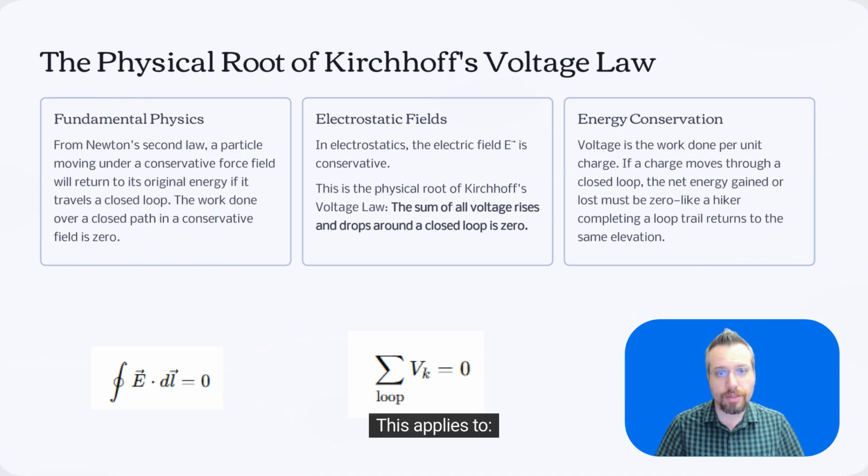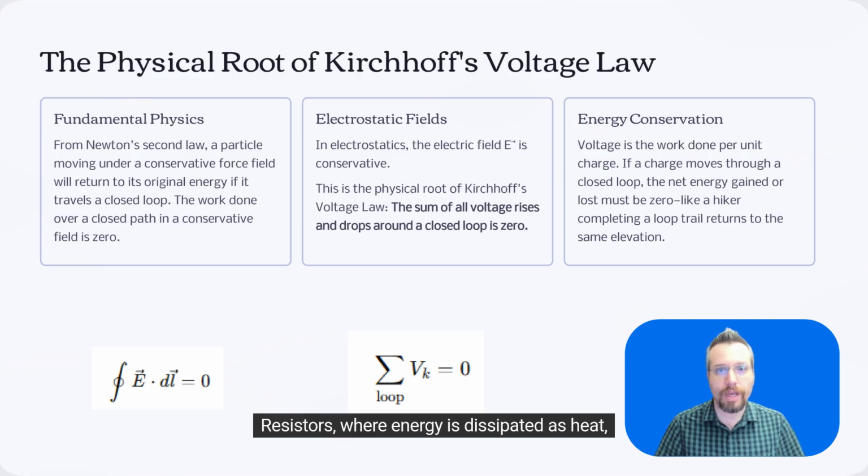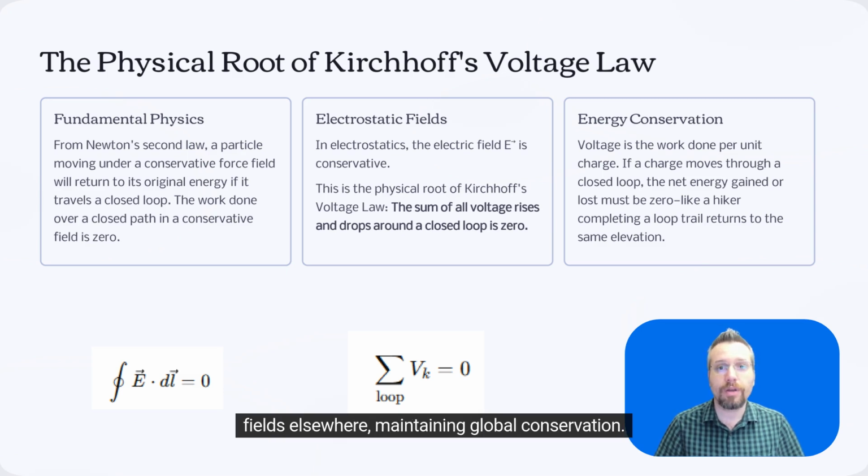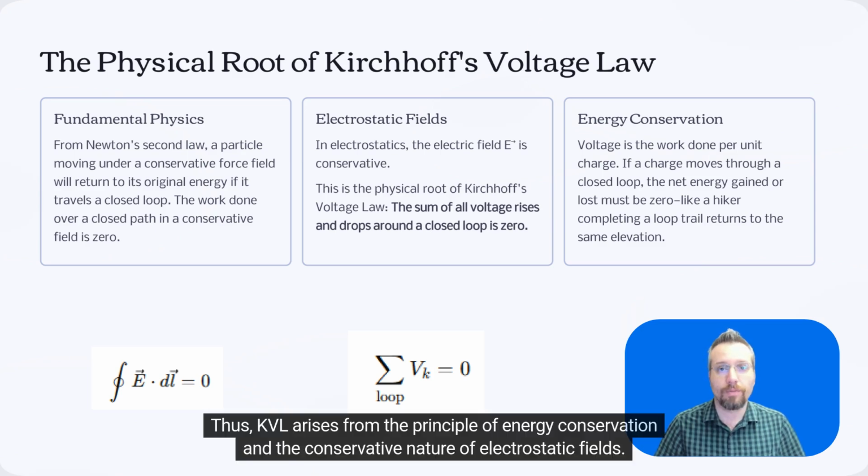This applies to batteries, which provide a voltage rise, resistors where energy is dissipated as heat, and wires, which ideally have 0 potential drop. Even in a real circuit, the localized non-conservative fields inside a battery are balanced by conservative fields elsewhere, maintaining global conservation. Thus, KVL arises from the principle of energy conservation and the conservative nature of electrostatic fields.